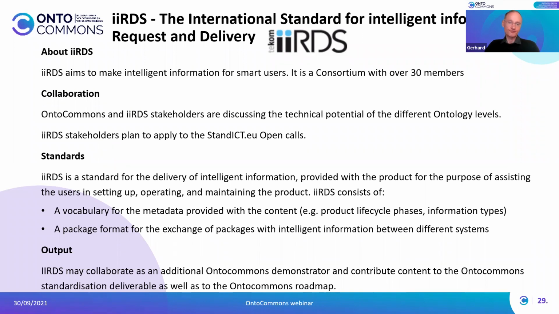We collaborate, discussing the technical potential of the different ontology levels brought in here, and looking at how a standard ICT here can also be used to support the IIRDS developments. The standards are mentioned in the next block here, basically the metadata and provided with the content, and then this package format for exchange of packages with intelligent information.